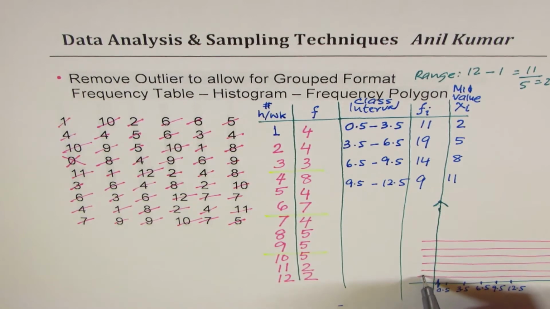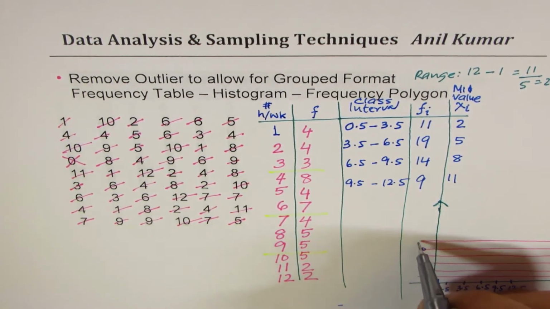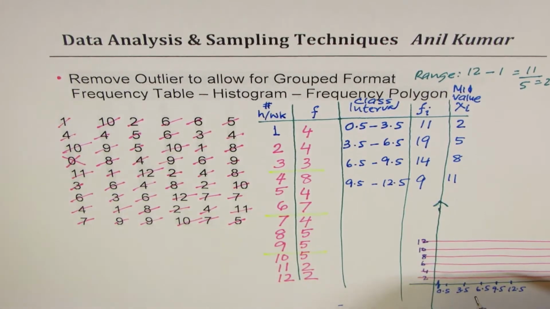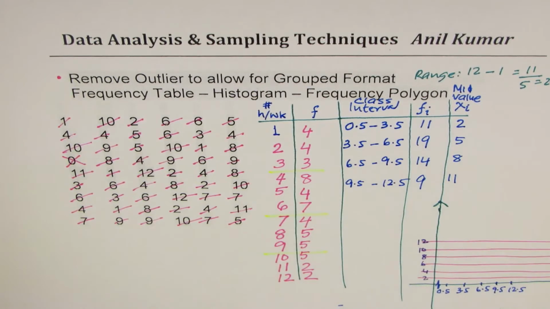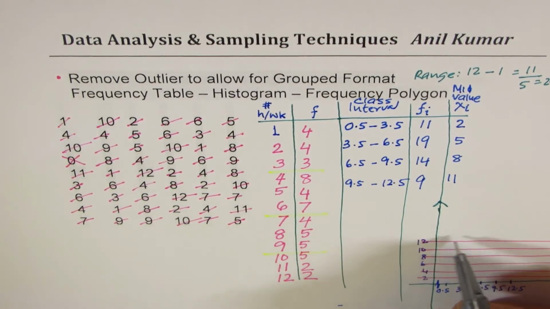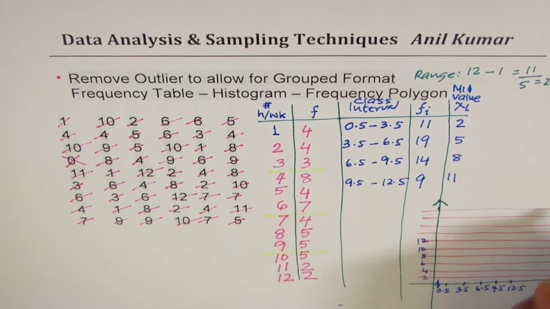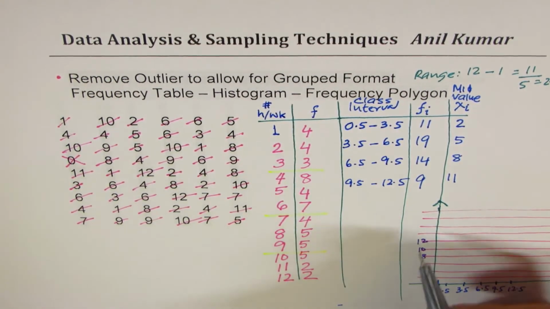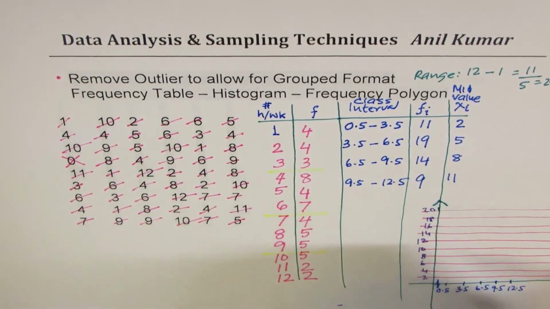So this is like 2, 4, 6, 8, 10, 12. Actually, it goes to 19. I'll have to extend it. Okay, 14, 16, 18, 20. We have 14, 16, 18, 20, right?